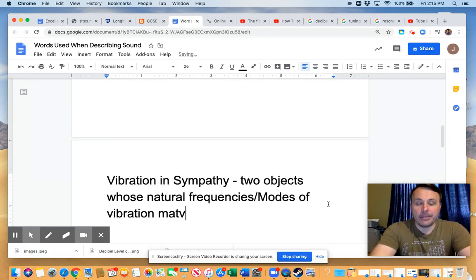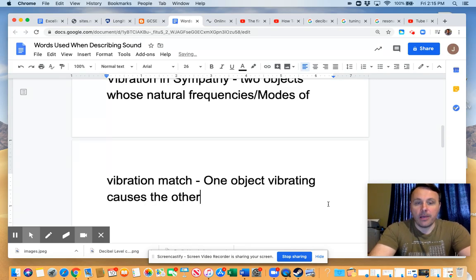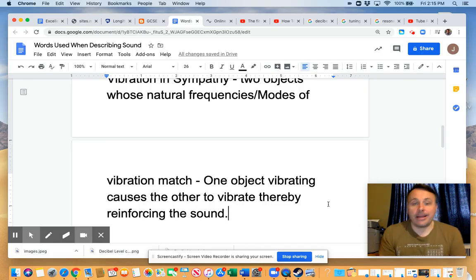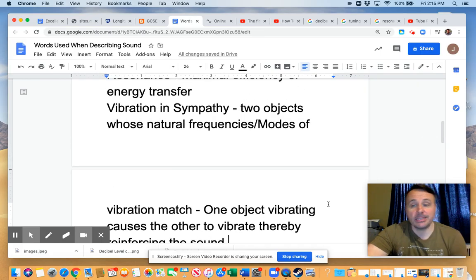When that happens, what happens is that one object vibrating causes the other to vibrate, thereby reinforcing the sound. Okay, and so that vibration in sympathy is an important thing.